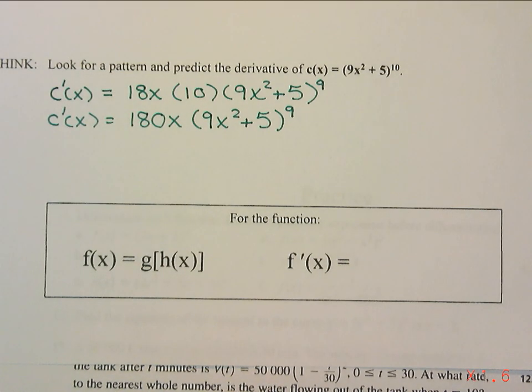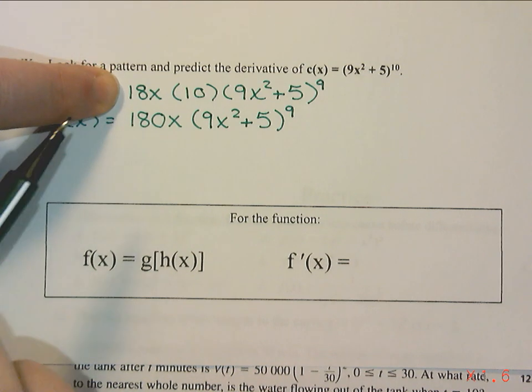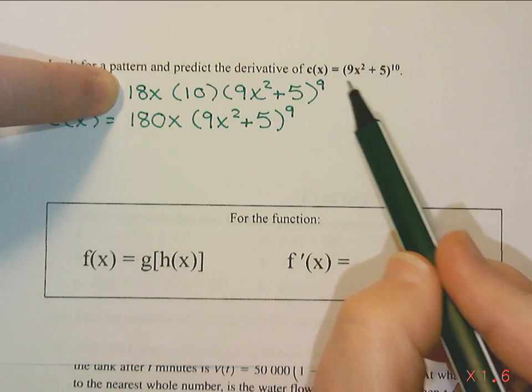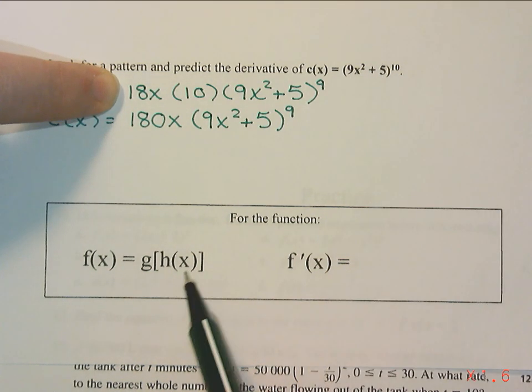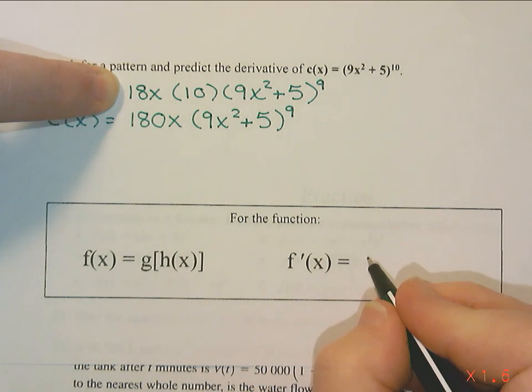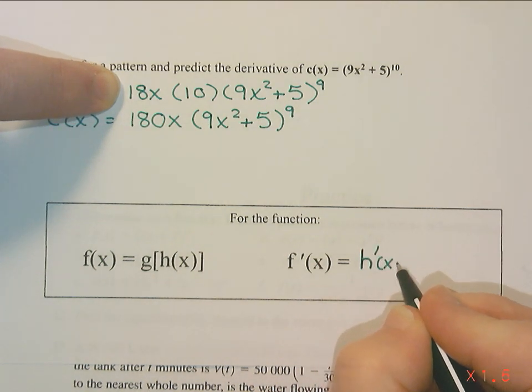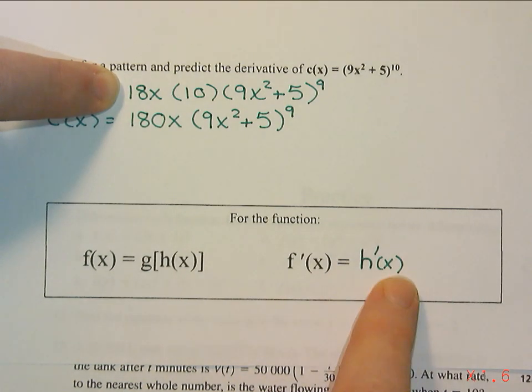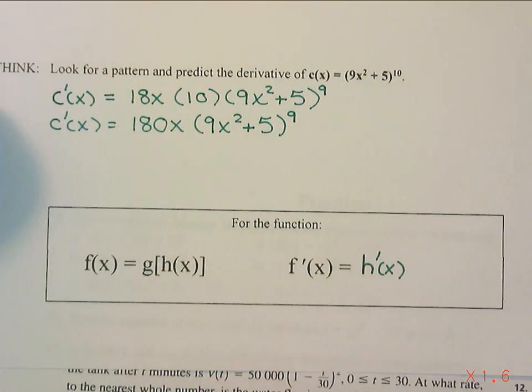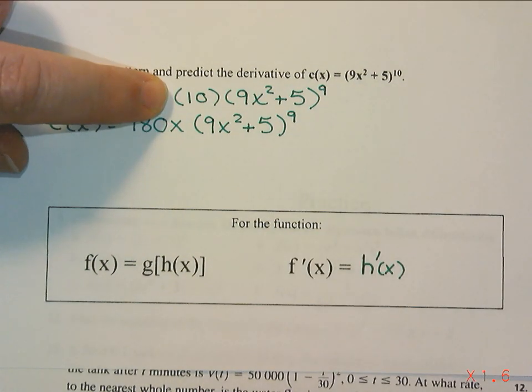So when we did the derivative, I did the derivative of what was inside the bracket. So what's inside that bracket is h of x. So the derivative of h of x would be h prime of x, right? So we take the derivative of what was inside the bracket. And then this is really just kind of power rule, right?